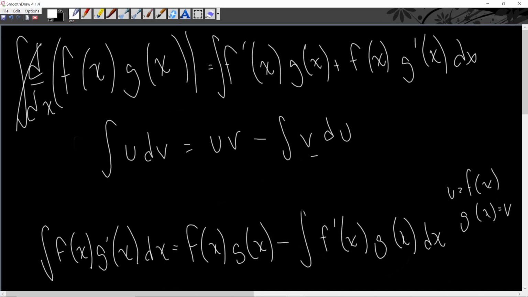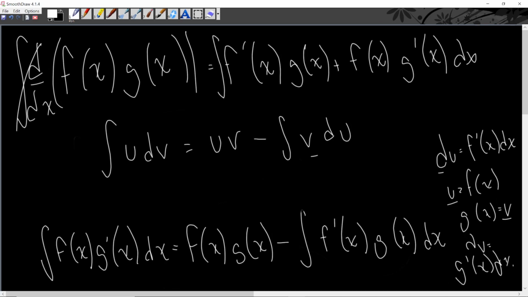So du is going to be f prime x dx, right? We're just differentiating this function u with respect to x. And then the derivative of v is going to be g prime x dx. Because again, even though v is defined as a function of x, we do have to take the derivative of v with respect to x, then we multiply dx to the other side.